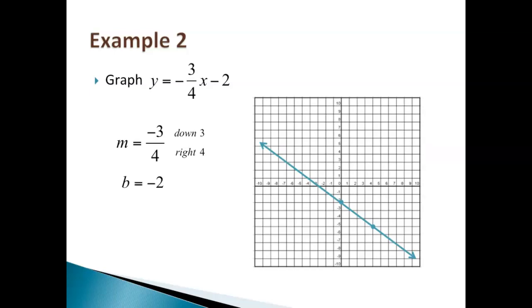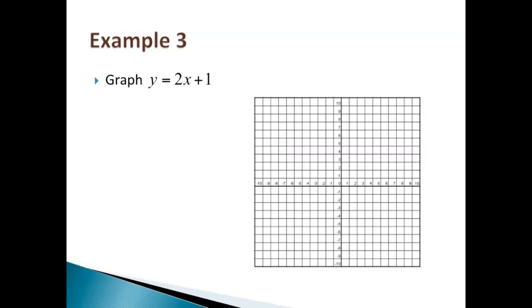Alright, let's do another example. y = 2x + 1. So in this case, even though we don't have a fraction for our slope, we can write 2 as 2 over 1. That way, we know that this is not only going to shift up 2, but also to the right 1.